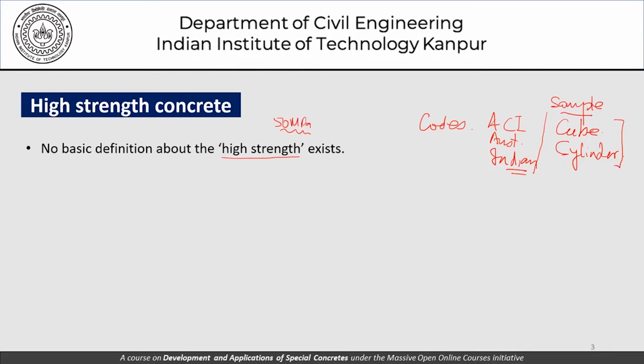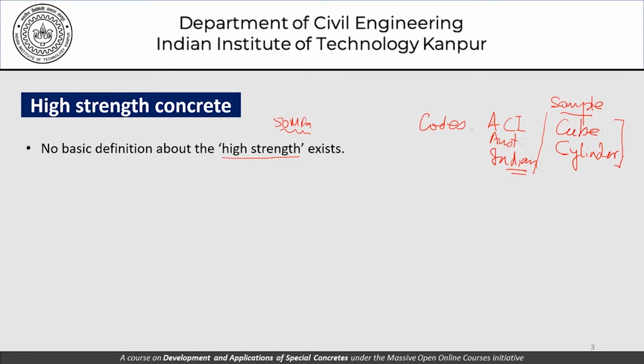Therefore, an international agreement on what is high strength concrete is fairly difficult to achieve, and it is not really required at the end of the whole thing. What is important to understand is that beyond a certain point, we have issues which are not important for normal strength concrete, and that is what makes this concrete special.